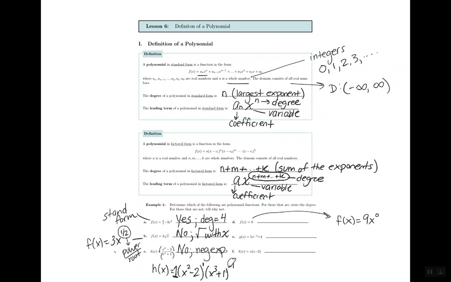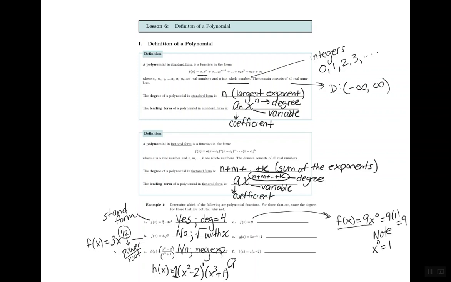I'm going to choose x since we were given the function f of x, and since we weren't given any x's, the exponent should be 0. Now I'm going to remind us of a fact from algebra, and that's that anything raised to the 0 power is equal to 1. So what we really just wrote is 9 times 1. And so we see that we didn't actually change the function we were given. f of x is in fact equal to 9.